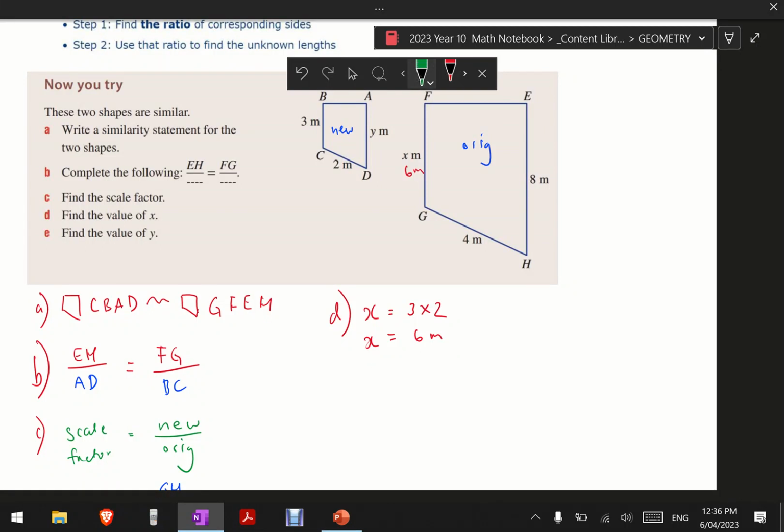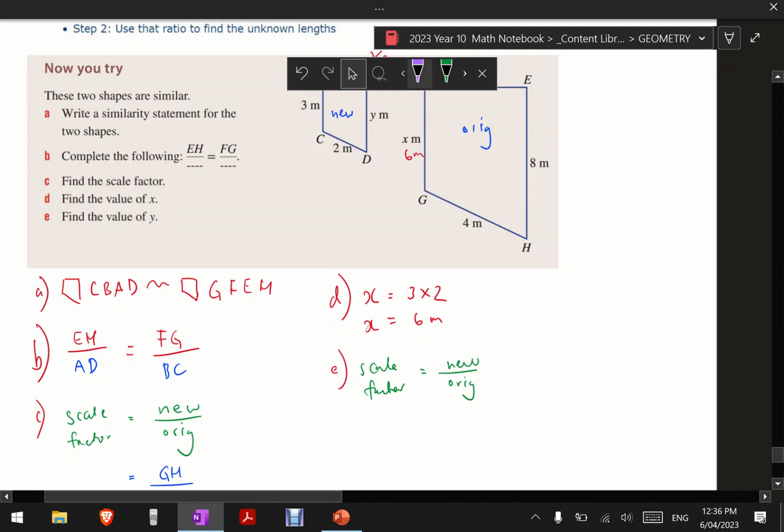So let's find a scale factor for that, for E, because I mentioned we're going to have to find it twice. Scale factor. Okay, so it's going to be new divided by the original. You don't necessarily have to do this step, but I am doing it so you can see everything step by step.